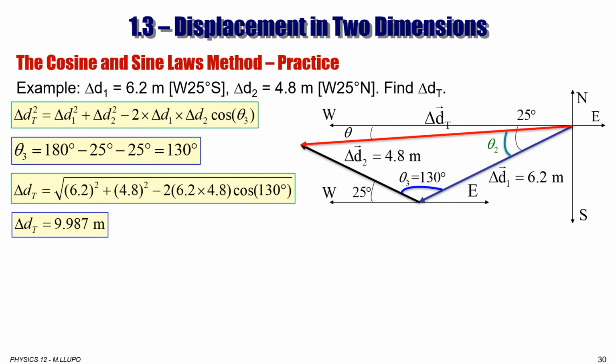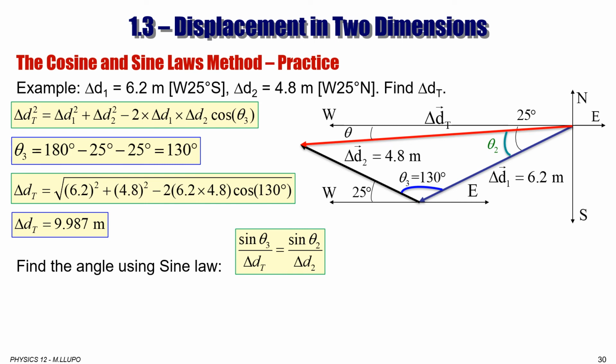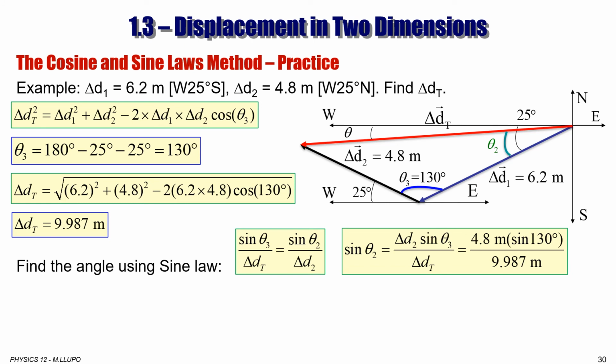With other method was 3.4. Let's see with this method. Now, use a sine law in order to calculate theta 2, and then we can calculate theta. So sine theta 3 over delta D total is equal to sine theta 2 divided by delta D2. So we solve for sine theta 2, which is delta D2 sine theta 3 over delta D total.